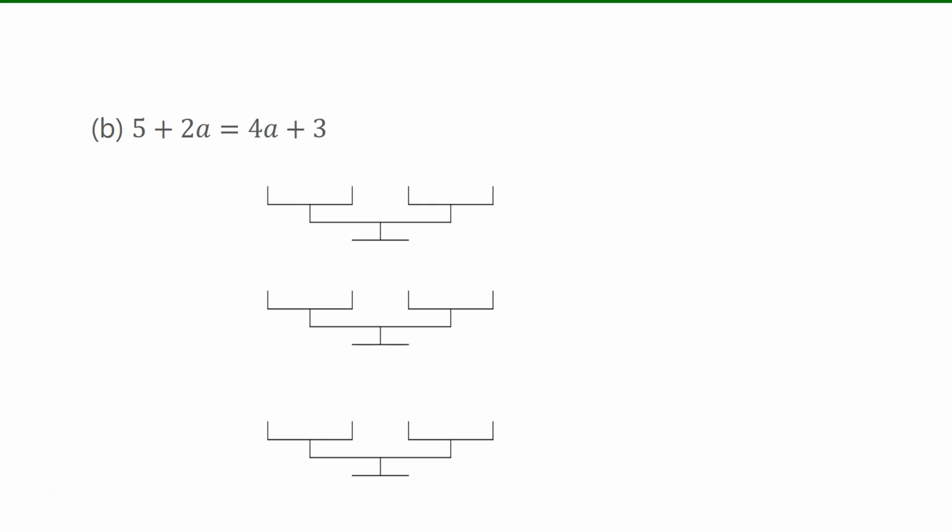Now for B, we have variables on both sides of the equation here. So on the left, I'm going to draw 2 squares and 5 circles. And on the right, 4 squares with 3 circles.